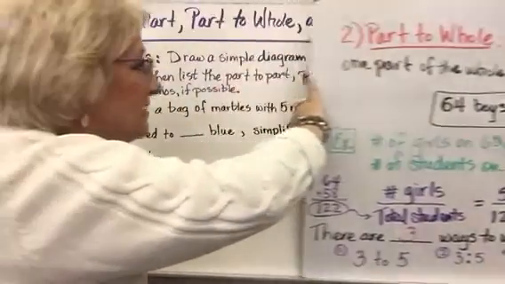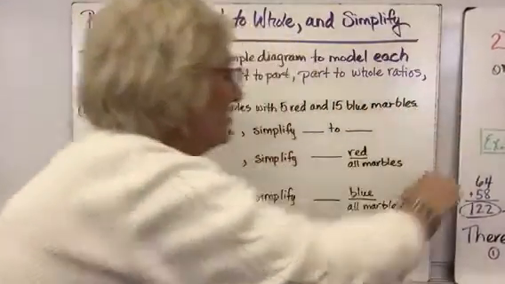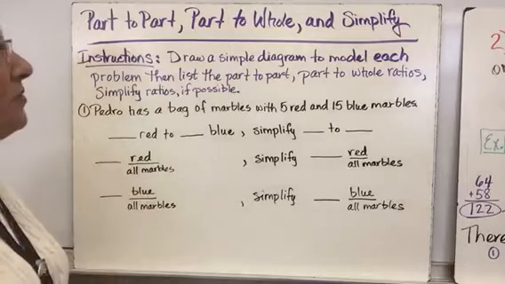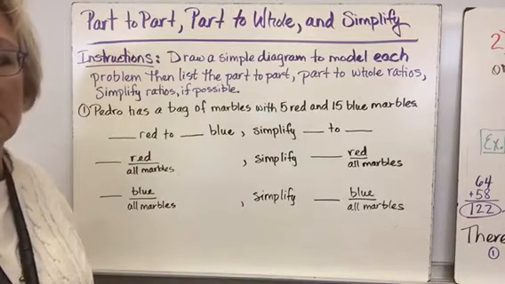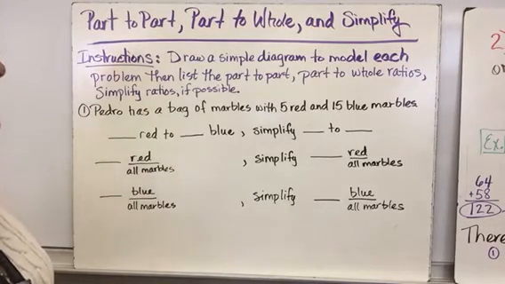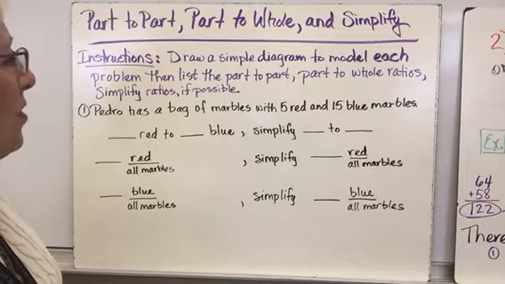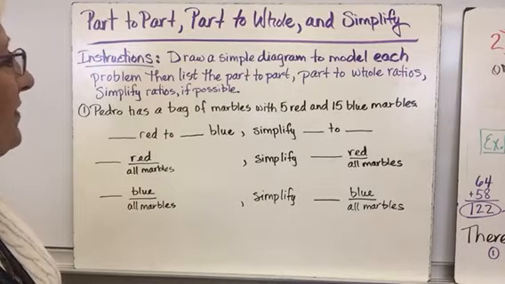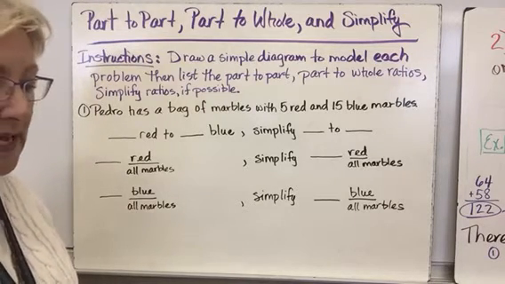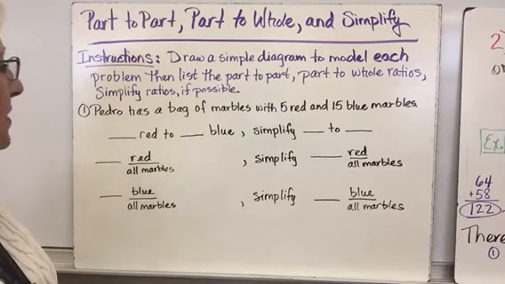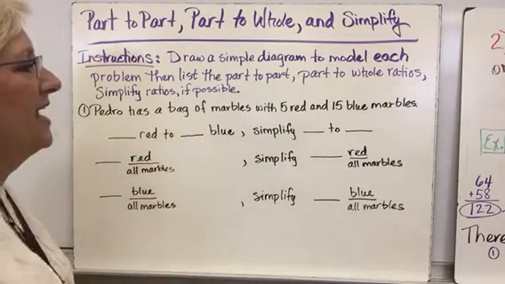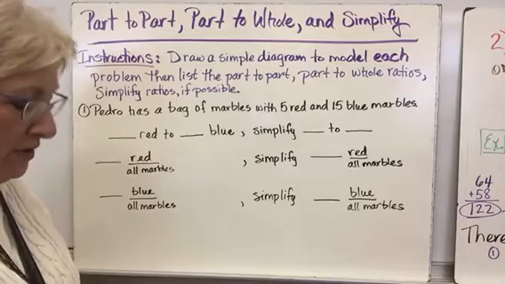Let's look at an example, and it gives us some information of what we need to do here. It says a part to a part and a part to a whole, and then we're going to simplify it. First of all, the instructions say to draw a simple diagram to model each of the problems and then list the part to part and part to whole ratios. Simplify the ratios if you possibly can. Look at number 1. It says Pedro has a bag of marbles with 5 red and 15 blue in there.